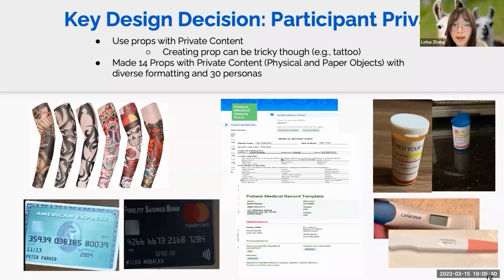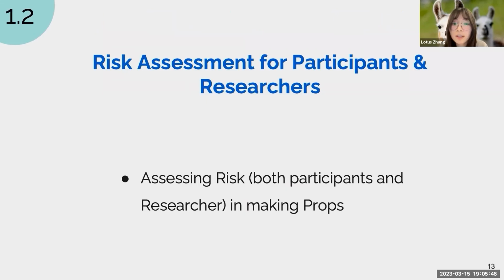We made sure that there are 3 to 5 variations of each prop object to cover diverse instances. We also did a final check to make sure that the fabricated objects make sense and none of them have personal information that actually matches a real person's.